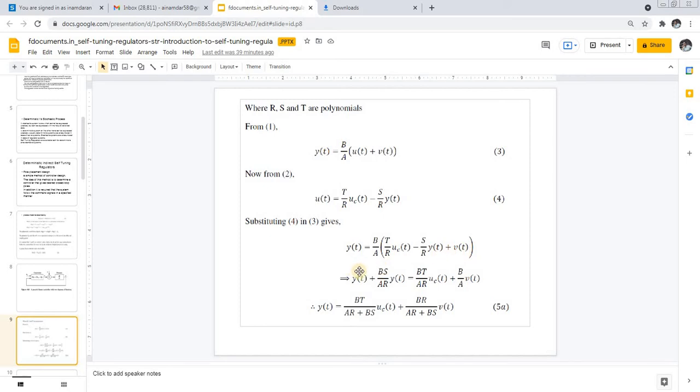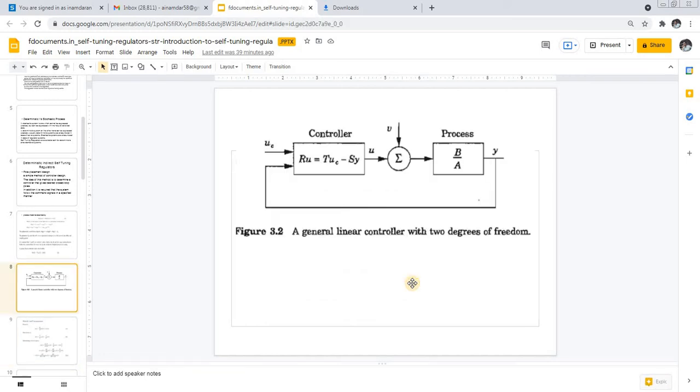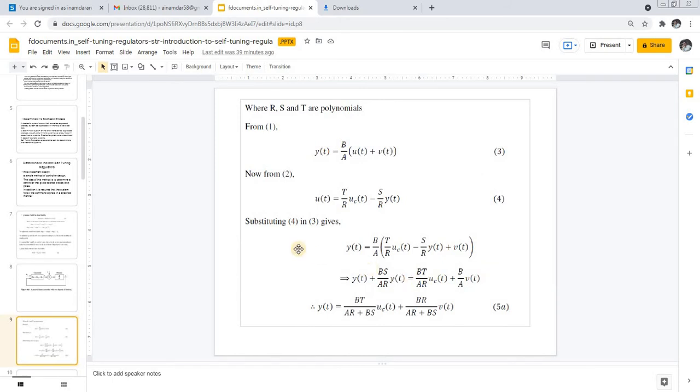Now take the like terms, that is take y of t terms on the left hand side and uc of t and v of t to the right hand side. After equating we will get this equation. This is the equal to sign. If it is not visible, I'll zoom it.